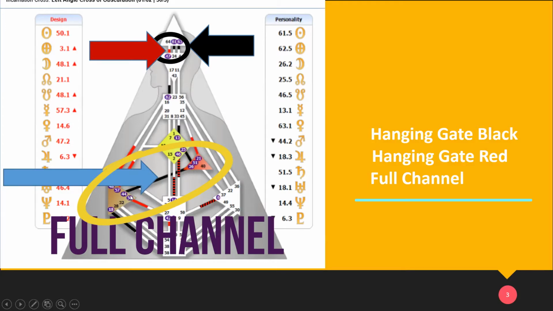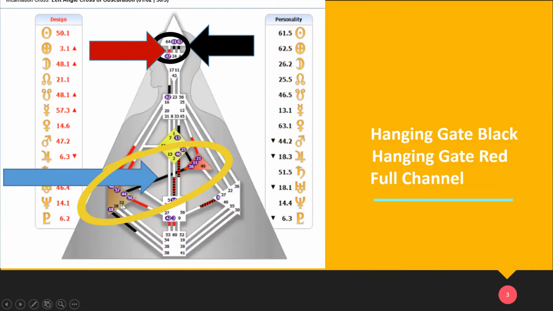This energy really has to do also with the Kabbalah and how things move through the energy and the frequency of the Kabbalah. But here what we have is the spleen up to the will. We have the gate 44 in the black over here. And then we have the gate 26, which we're going to see up here in the moon. And it creates a full channel here. So that's how we get the hanging gates and the channels.